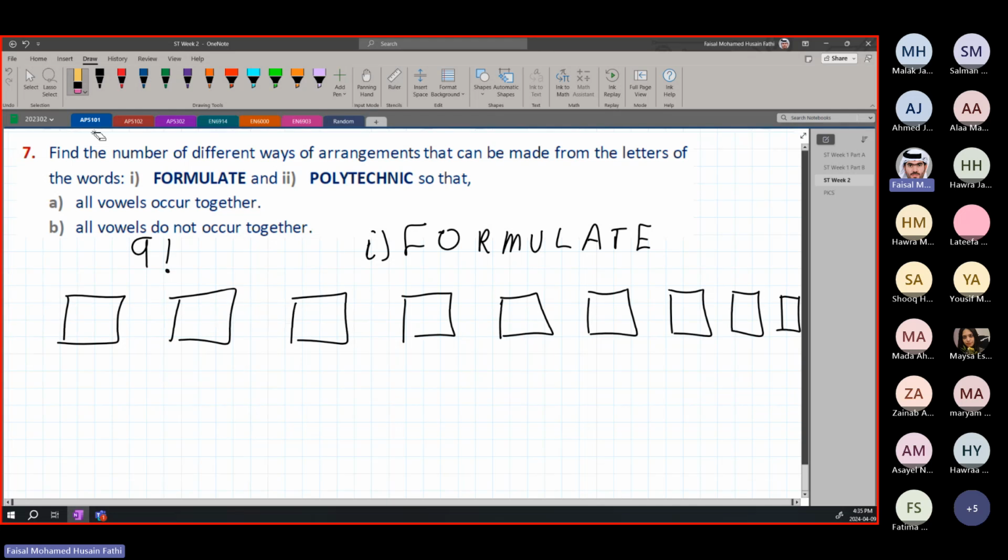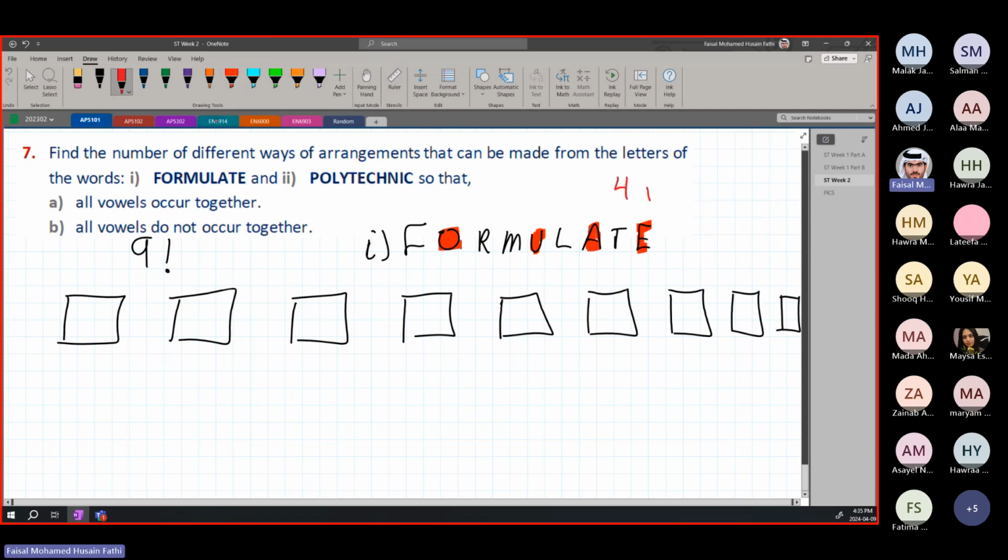The question is asking if all the vowels occur together, meaning that the vowels here are the letter O, the letter U, the letter A, and the letter E. So we have 4 vowels in total.